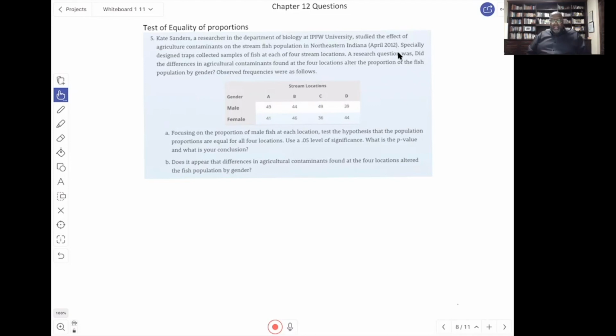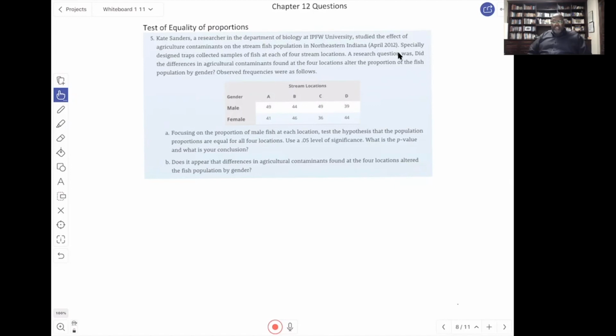Kate Saunders, a researcher in the Department of Biology at IPFW University, studied the effect of agricultural contaminants on the stream fish population in northeastern Indiana. That was in 2012.